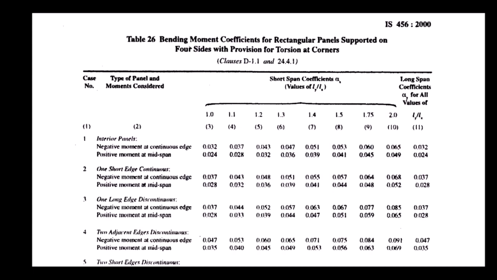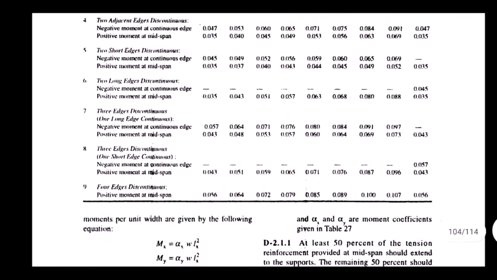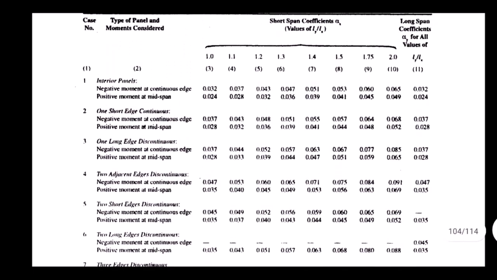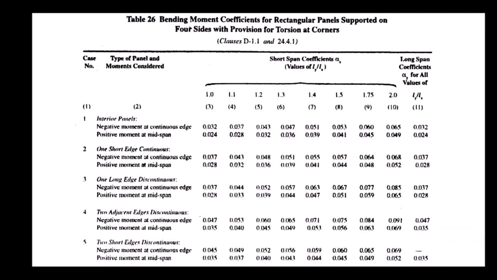In this column the support conditions are given. As per support condition, the coefficient of moment will change. There are a total of 9 types of support system.